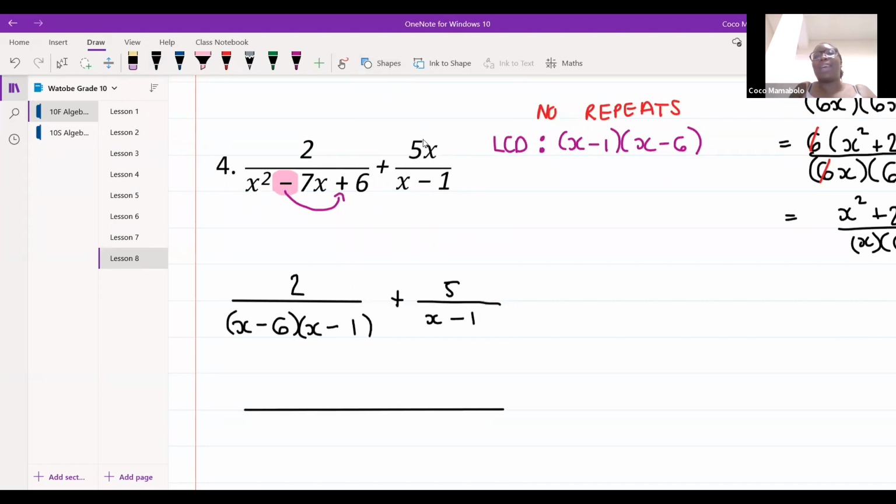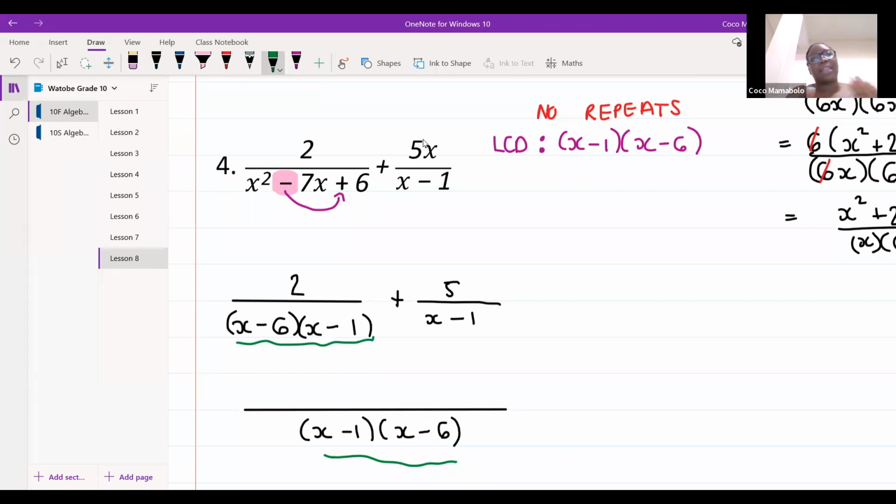All right, so my entire LCD for this question is going to be x minus 1 and x minus 6. Now let's have a look. What I'm going to do to the bottom, I have to do to the top as well. Look at this denominator over here. Is there anything missing from that denominator and the LCD?